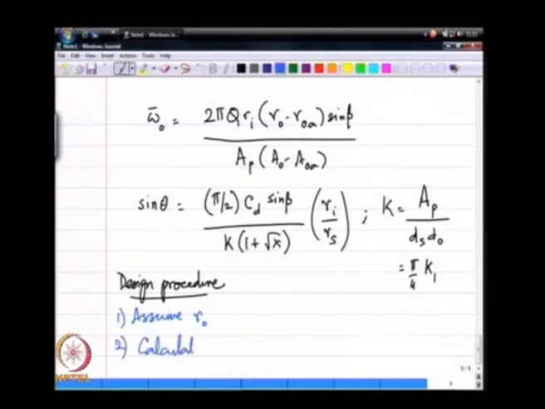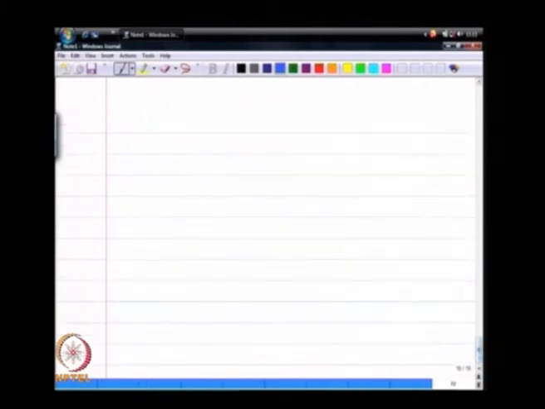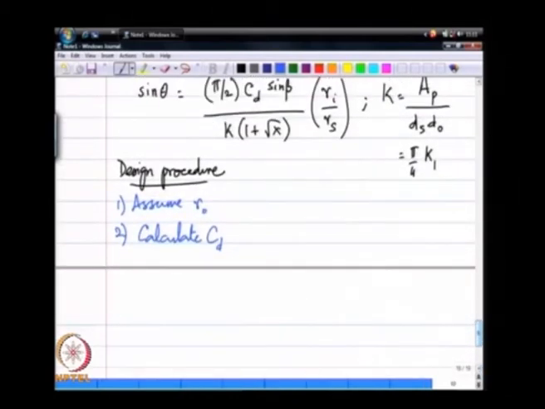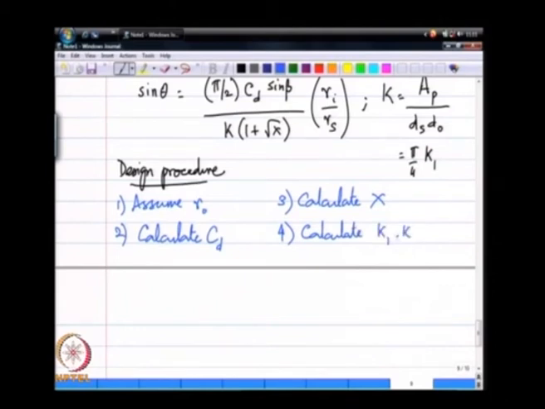And then you calculate C d, and from the calculated C d you calculate x, and then from there you can calculate k and k1. K is a dimensionless group that involves some of your degrees of freedom, areas of the ports, d s, d0, etc.